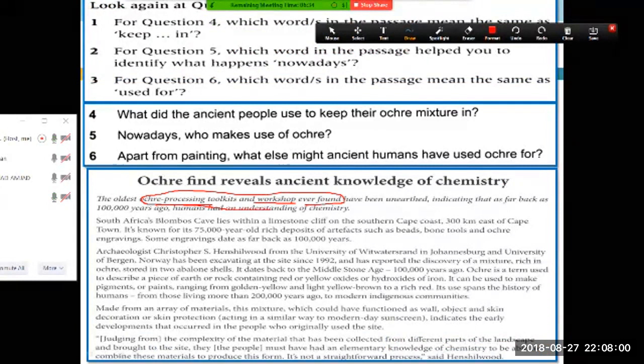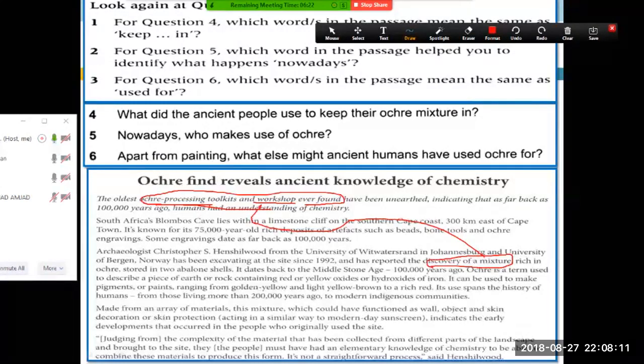Similarly, here Henshilwood had reported a discovery of a mixture. So some mixture was found, and this mixture was found in a workshop along with some toolkits. If you remember, the comments made by Henshilwood here in the inverted commas, he said that this is not a very simple method.